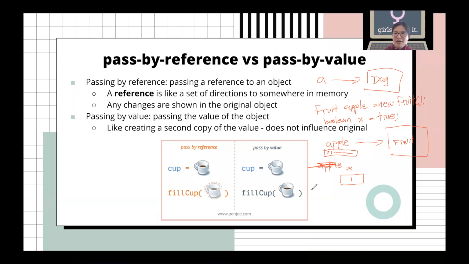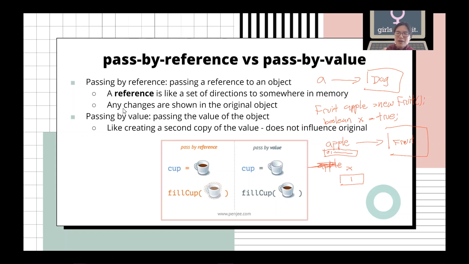But on the other hand, how Java stores classes and objects is they can't store the class and object directly into the variable. They can only store the address of where that class is in memory. So they just point to where that object is, and that's all they can do. That relates to pass by reference: the idea of pass by reference is when you pass the reference into a method, you're passing in the actual address of wherever that object is.